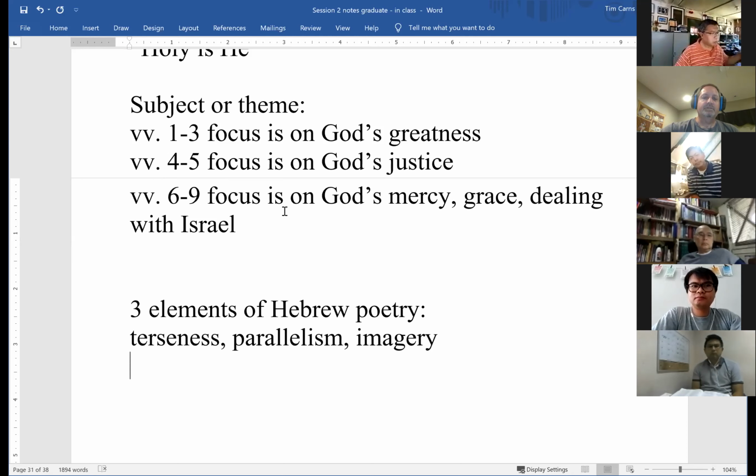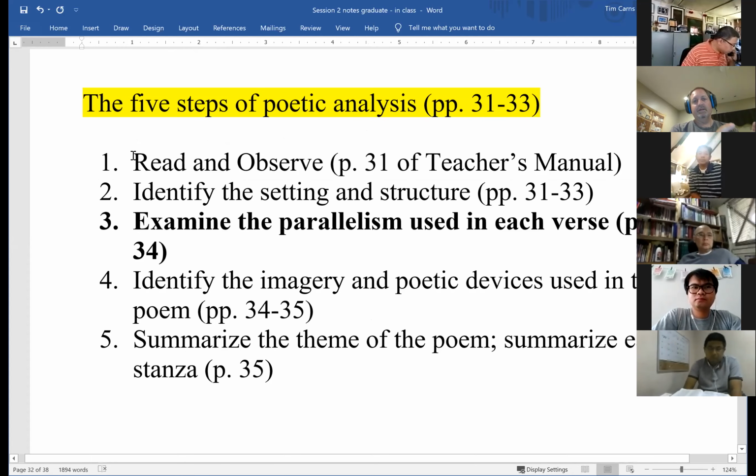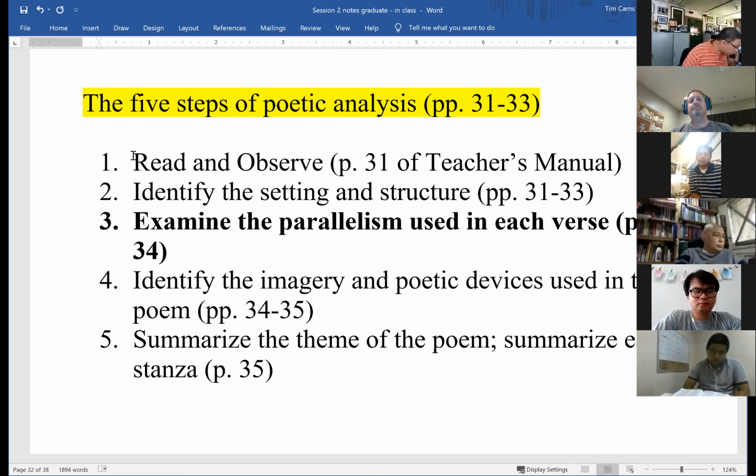So what I want us to do now is move to the 3rd step in our poetic analysis. After doing reading observations, after identifying the setting and the structure, we want to then examine the parallelism that's used in each verse, because that begins to tell us how the author is communicating these particular themes, and it'll give us an idea of the meaning and the intent he's trying to communicate in these verses.